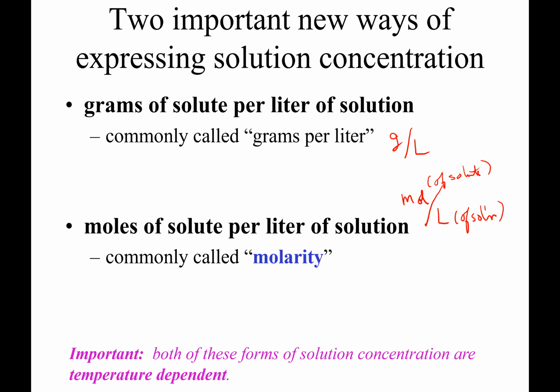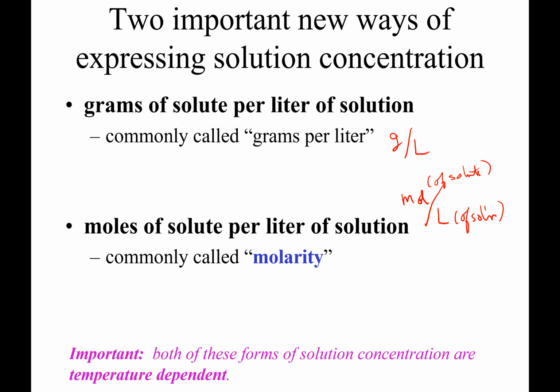I say that because up here, if we are looking at either grams of solute per liter of solution or moles of solute per liter of solution, a liter of solution at 20, you heat it up and it's going to be like 1.04 liters or something like that at different temperatures.